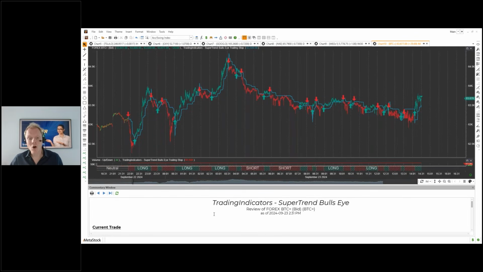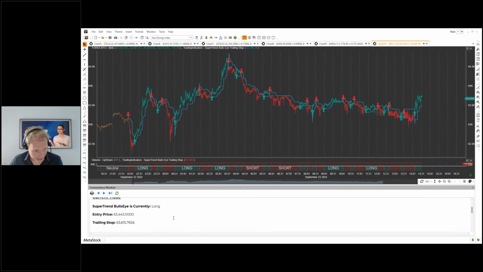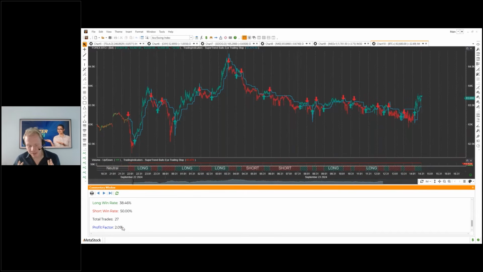The principle is always the same. The indicator is auto-optimizing itself based on the chart and time frame at hand. It will tell you what the settings are, what your win rates are, and most importantly, what your profit factor is. Profit factor, just to give you a bit of background, I don't want to expand too much on it, is truly a metric which takes into account the size of your winners and the size of your losers, something that the win rate doesn't.